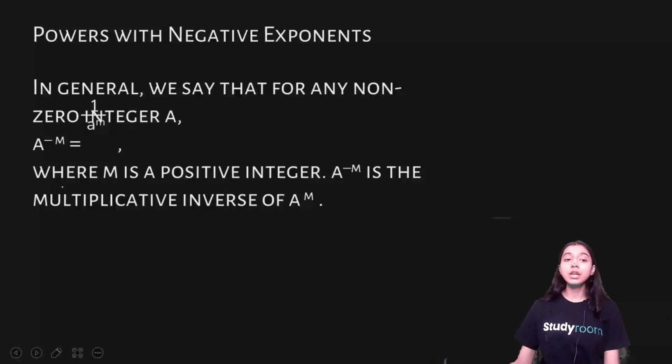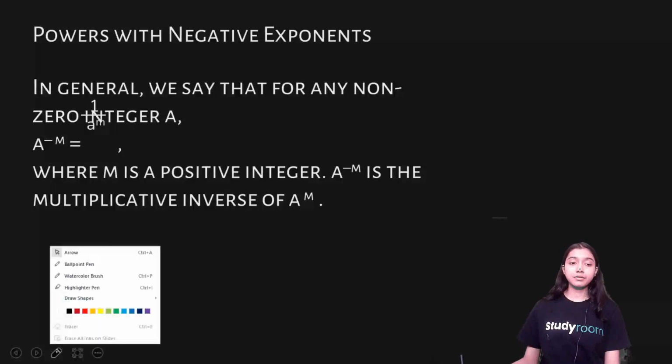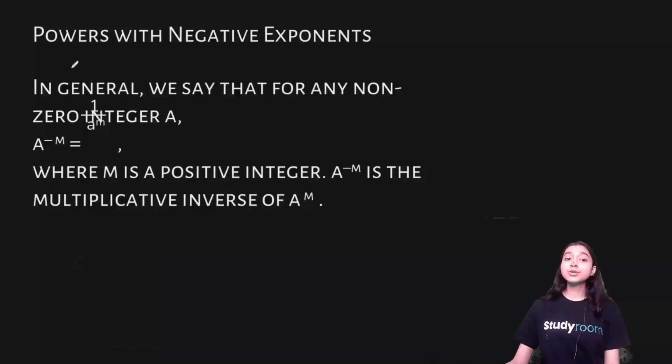For example, if we have 2 to the power of minus 4, 2 is the base, and minus 4 is the exponent, but the exponent is negative. So this can be written as 1 by 2 to the power of 4. So this was the basic representation of an exponent that is negative.